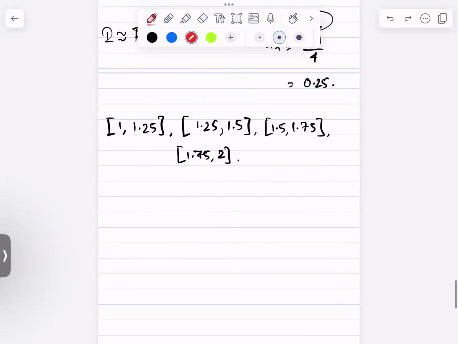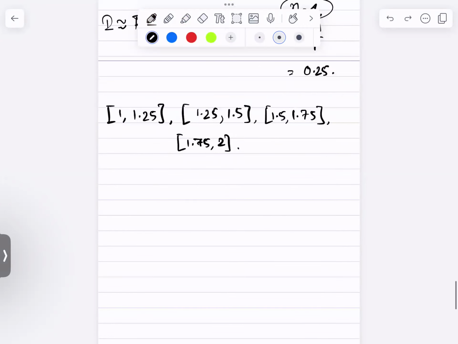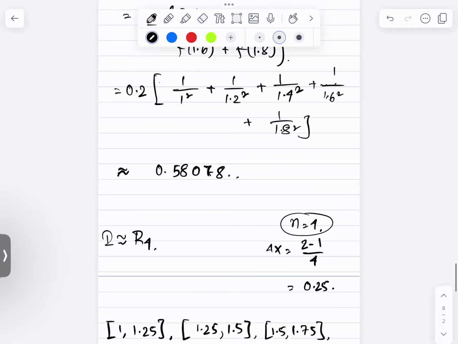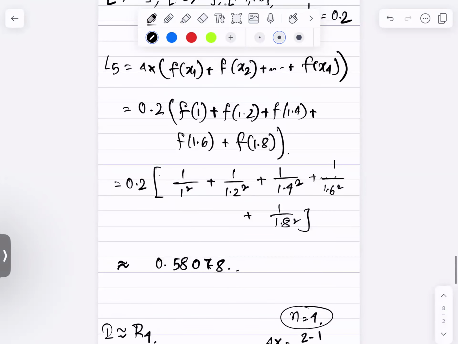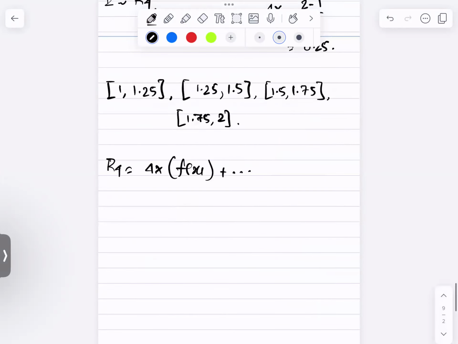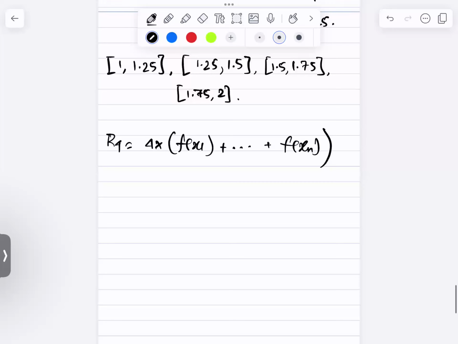Okay, cool. So if I apply R4, which is delta x times f of x1 plus so on, up to f of xn. Delta x is just 0.25 in this case. What is x1? I'm using right endpoint, so therefore this should be my x1, the rightmost point of the first subinterval.